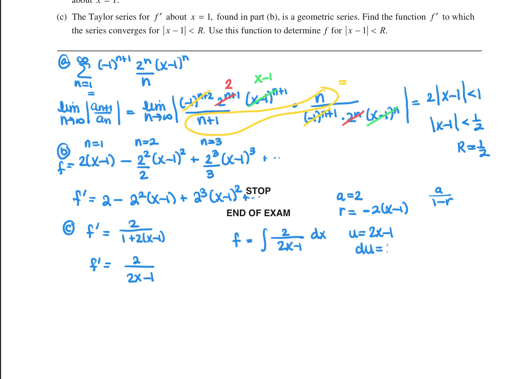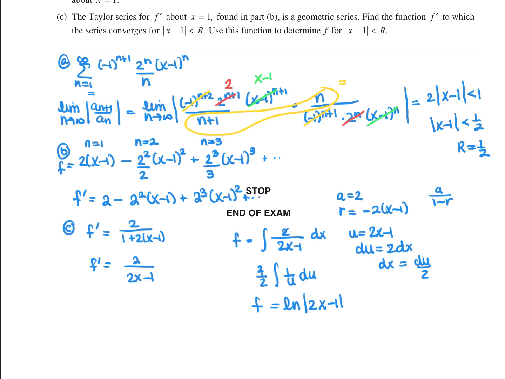So out in front, we're going to end up with a 1/2. Then we're going to integrate 1 over u, du. Oh, there was a 2 up here, so this can go ahead and cancel that, so I don't have that 1/2 anymore. And the integral of 1 over u is the natural log of u, which would be natural log of 2x minus 1. So this would be your function for f.